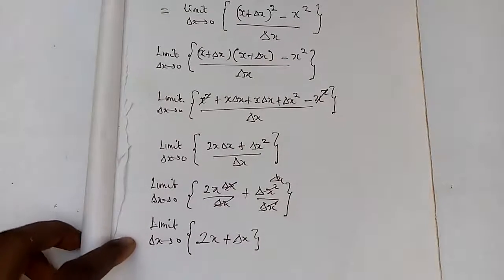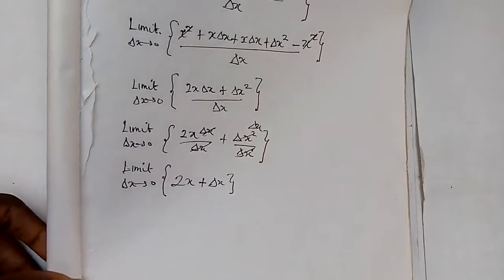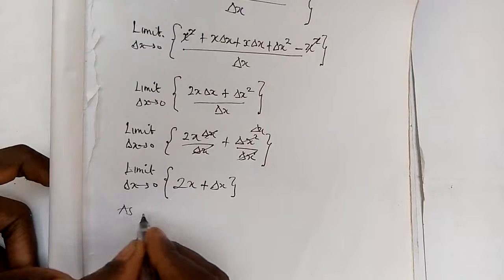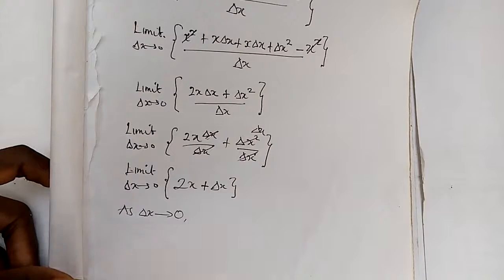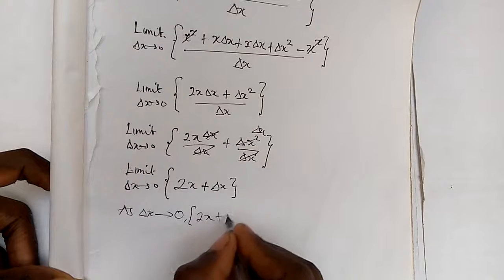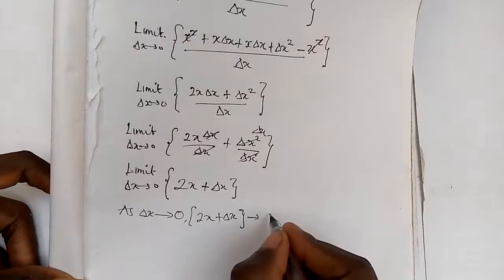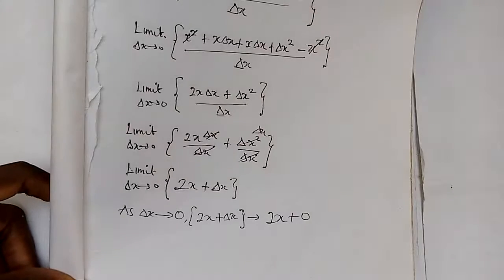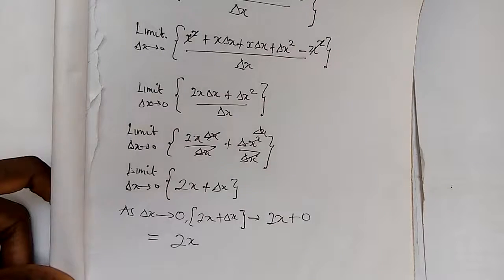All I have to do here is state a condition: as change of x approaches 0, the whole of this expression 2x plus change of x now becomes 2x plus 0, which is now equal to 2x.